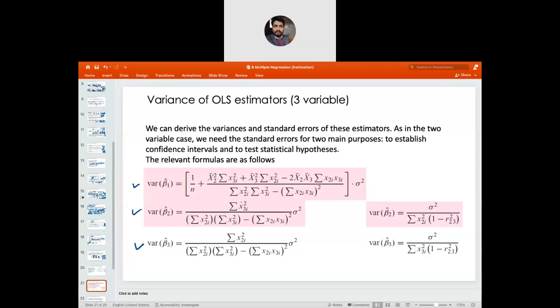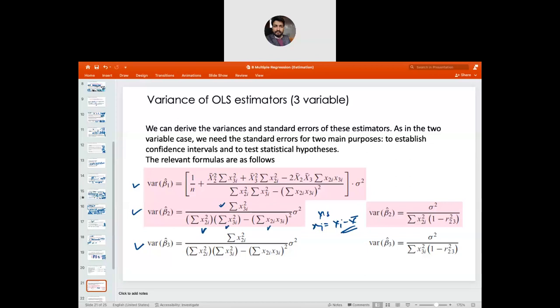If you just have a close look at it, you can see there are x's on the right side. Small x's. Small x means deviation, capital X_i minus x bar. So these are all the x's, and we already have these things from our sample, right?